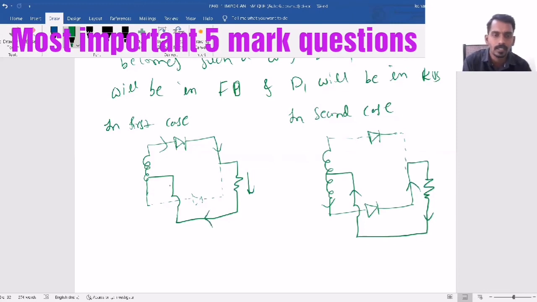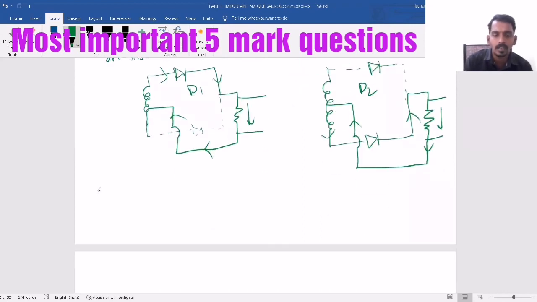Now here the direction is like this. So in both cases, in one case one diode is conducting, in another case the other diode is conducting, but the direction of current across the load resistor, that is the output, is the same. So when you apply an AC input, this is the input, AC input.